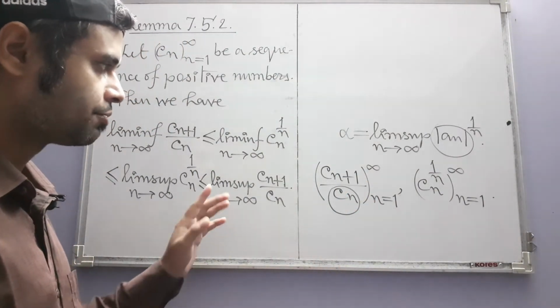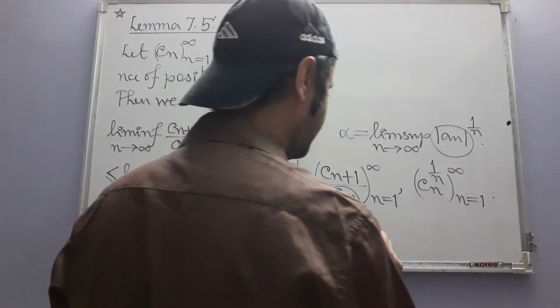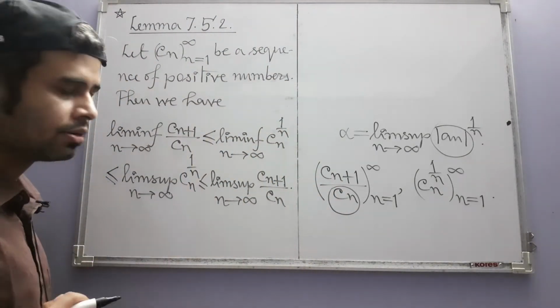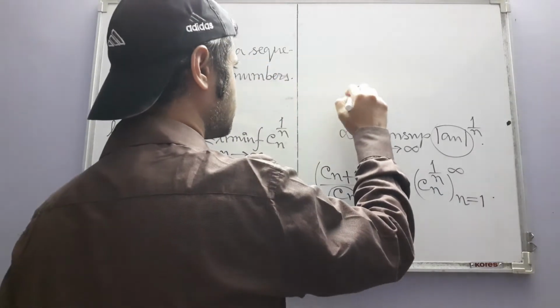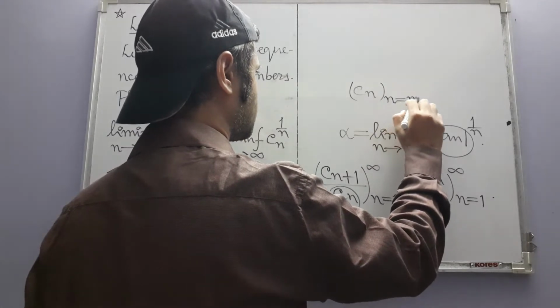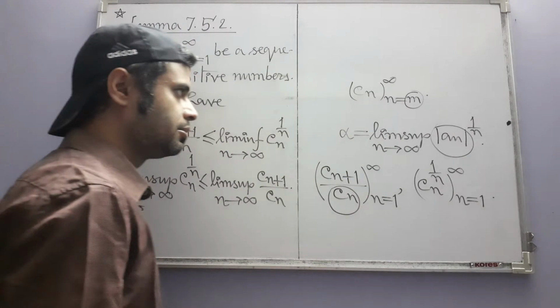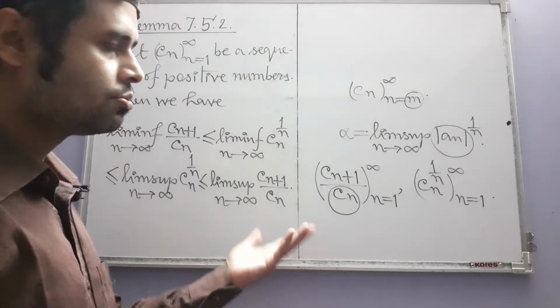And finally, before we actually start proving this thing, I have changed the statement slightly, a little bit. In the text, this given sequence is this, where the starting index is some arbitrary integer m. Now you can use m.